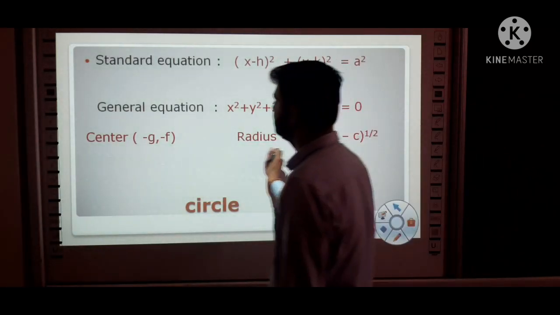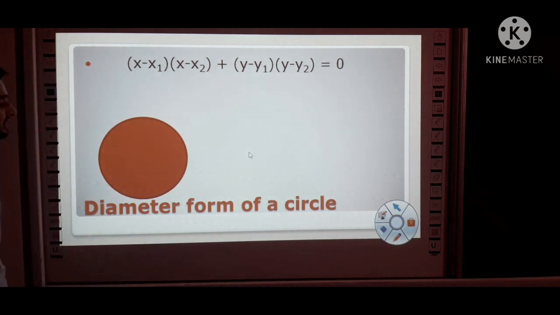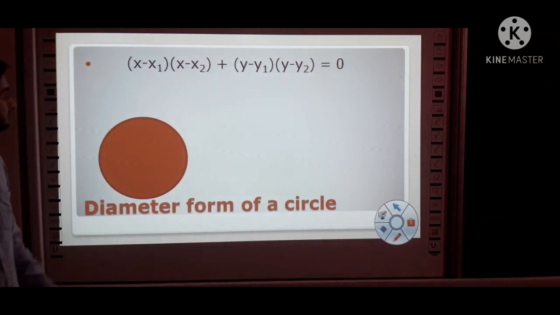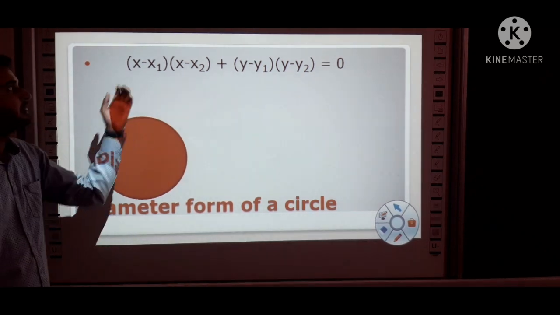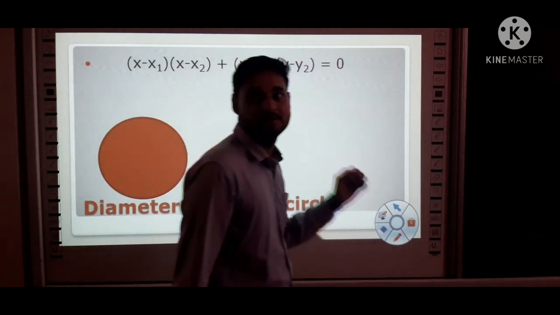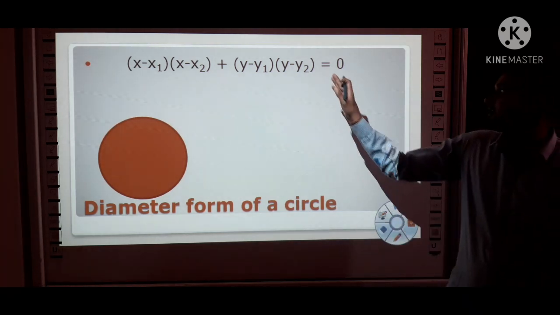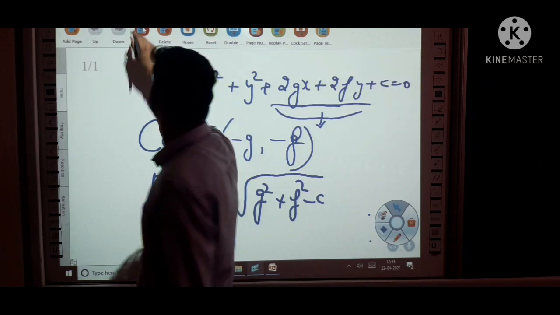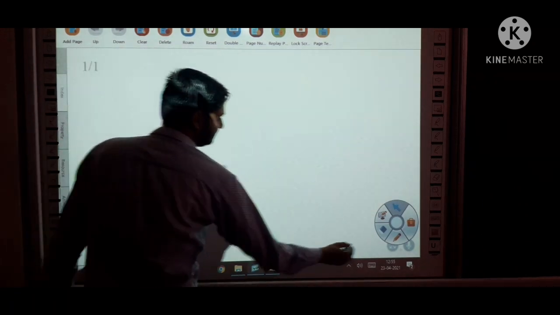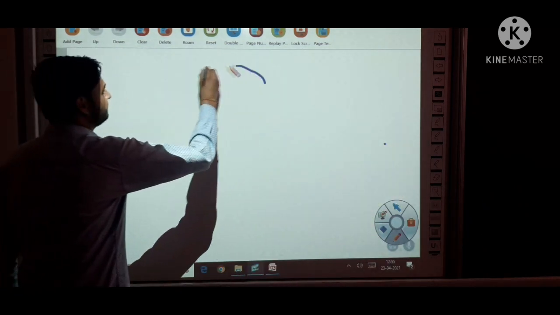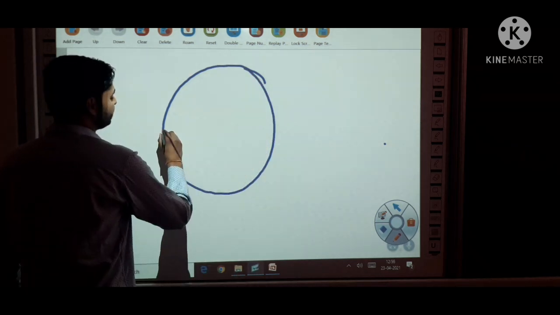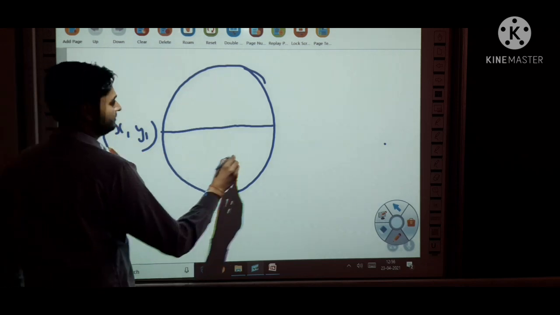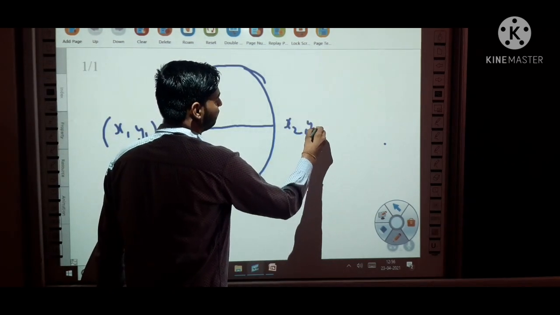Now let's turn to the next point, that is the diametric form of a circle. So what is the diametric form of a circle? x minus x1, x minus x2 plus y minus y1, y minus y2 is equal to 0. This is a circle having diameter endpoints x1, y1 and x2, y2.